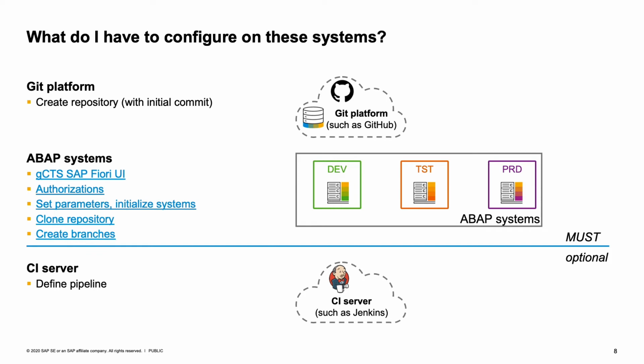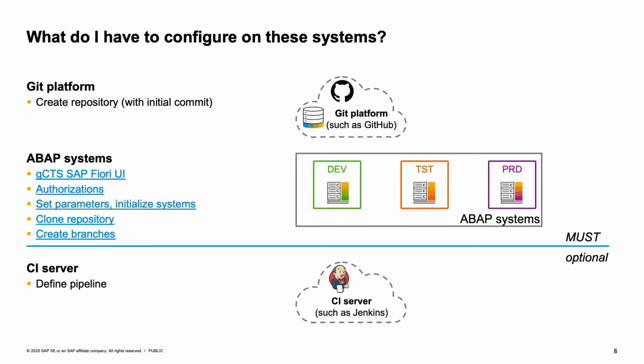And what do you need to configure? On the Git side, you need for sure a repository. If it's a new one, and that's most probably the case, if you start with GCTS and never pushed ABAP stuff to your Git, then you would need an initial commit in this. On the ABAP side, you have to configure Fiori. So for GCTS, we provide an SAP Fiori application that is used to do the configuration, that is also used to work on repositories and so on.